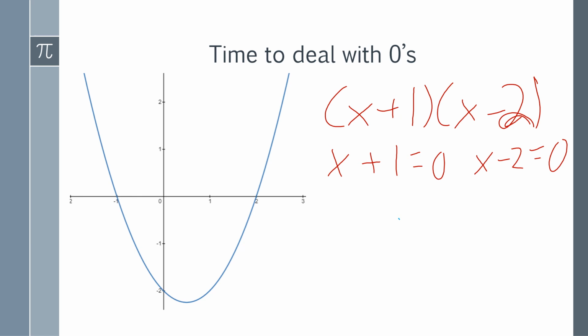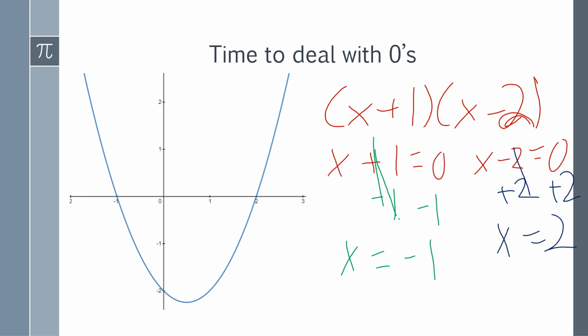Anyway, so let's solve both of them. Let's solve the positive one first. Well, when we solve it, subtract 1 from both sides. We get x equals negative 1. And then let's do the negative 2. Add 2 to both sides. x equals positive 2.